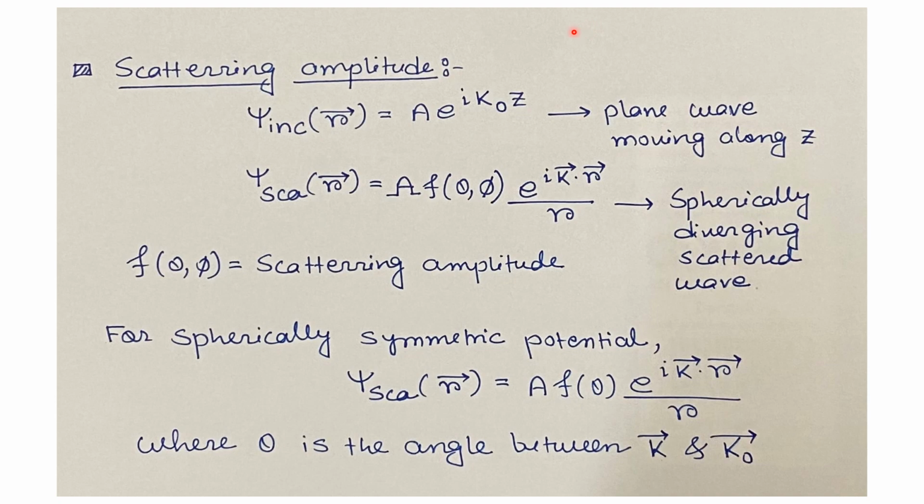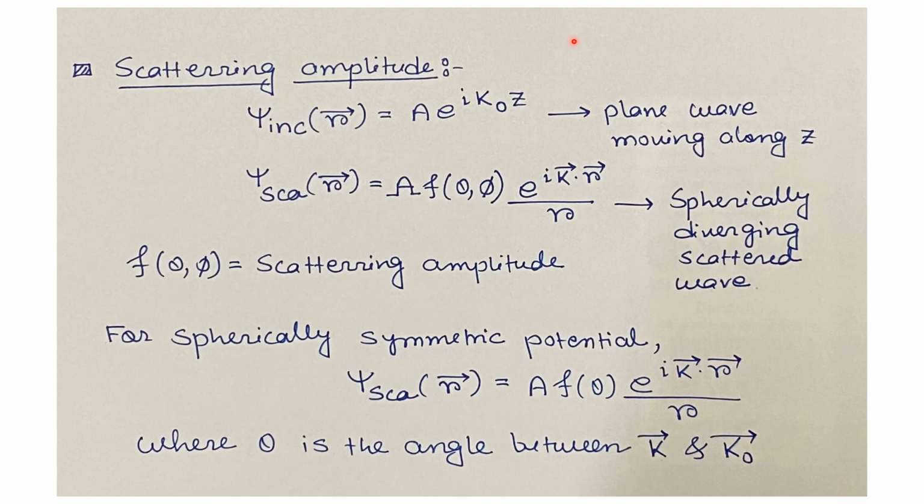At large distances from the scatterer, the effect of scattering potential is negligible. That we have already seen in the first slide. So basically, there will be an effect of scattering potential only on the particles within some scattering potential range. Otherwise, the particles will not feel the effect of scattering potential.